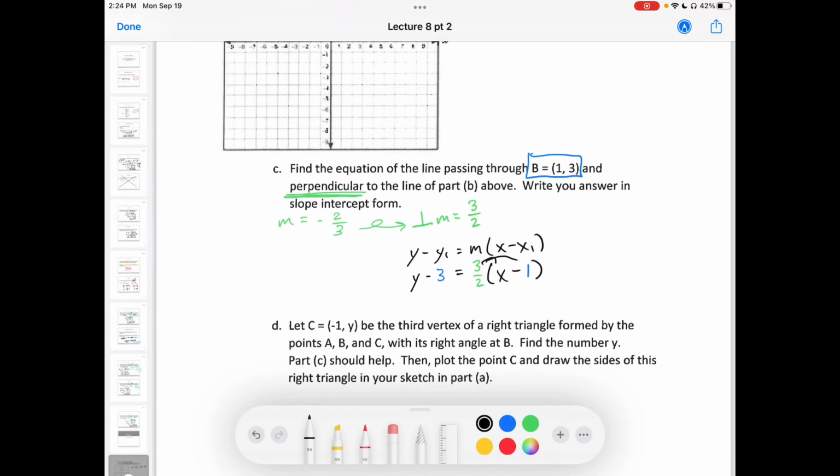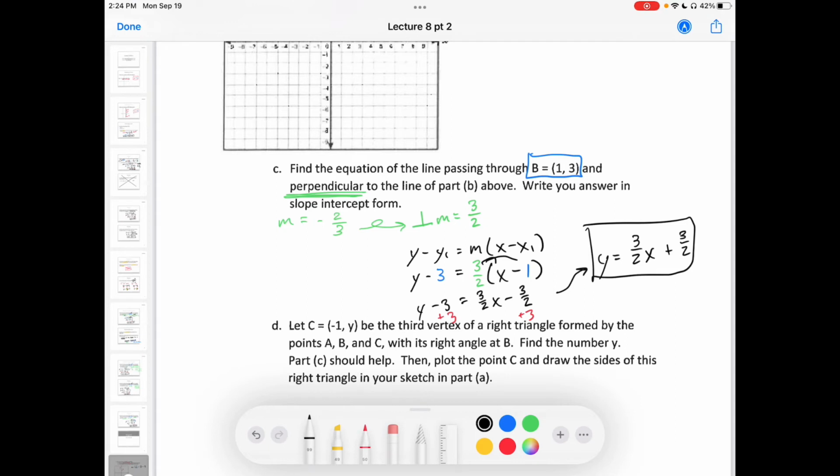I distribute my 3/2, so it equals 3/2 x minus 3/2, and then I've got y minus 3 on the other side. So I would need to add 3 to both sides, and I get that y equals 3/2 x plus 3/2. You've got a negative 3/2 plus 3. That's really a negative 3/2 plus 6/2, so it just gives you a positive 3/2.